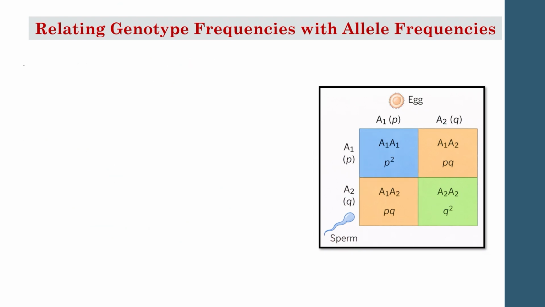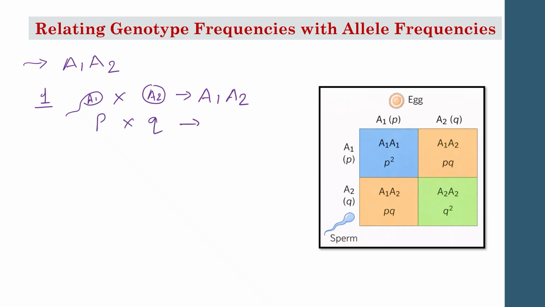Now for the heterozygotes A1A2, there is a slight difference. There are two possible ways in which these can form. First, an A1 sperm can mate with an A2 egg to form A1A2 heterozygotes, so the probability will be p into q, that is pq.